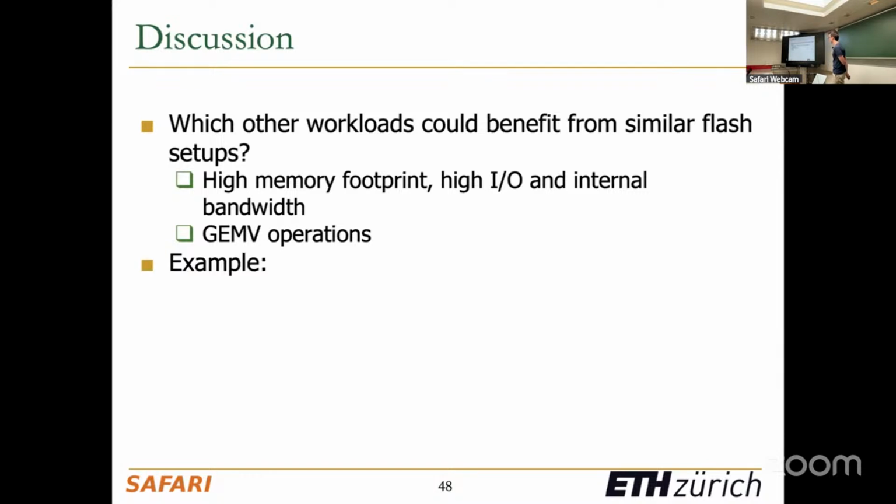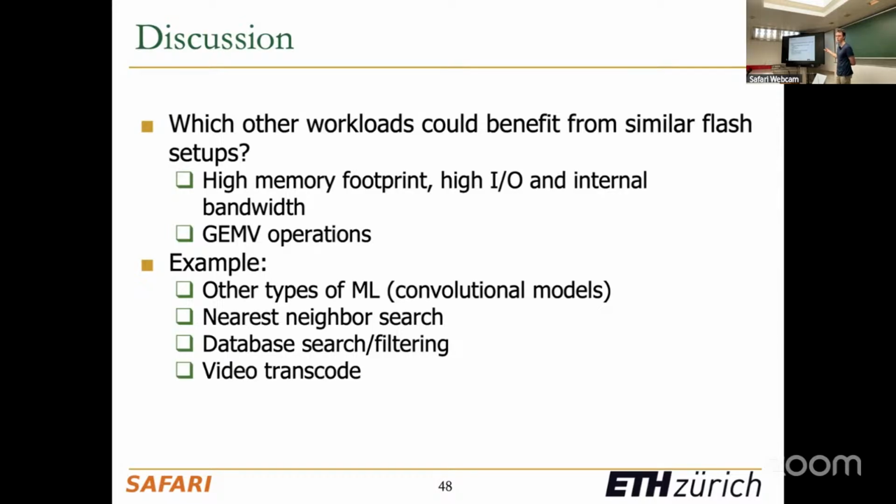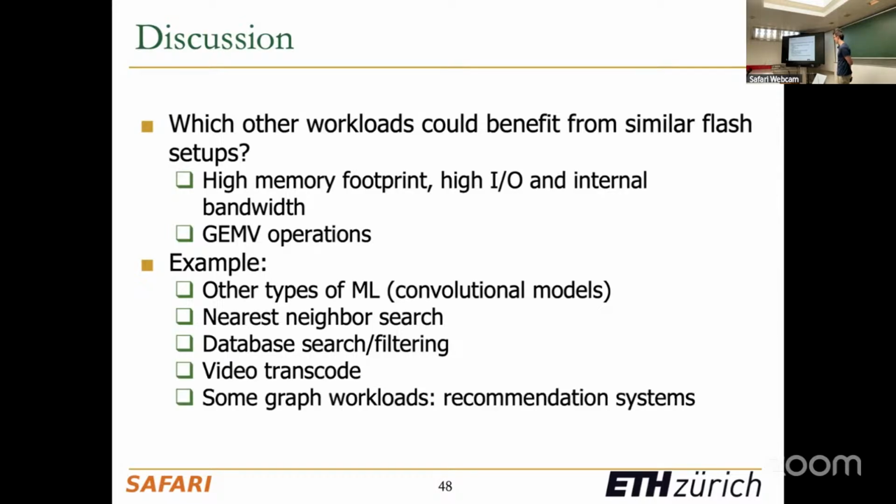For example, other types of machine learning models, such as convolutional models. Also some graph workloads like nearest neighbor search, or database search and filtering, which can usually be prohibitive. We have video transcode, and also recommendation systems.